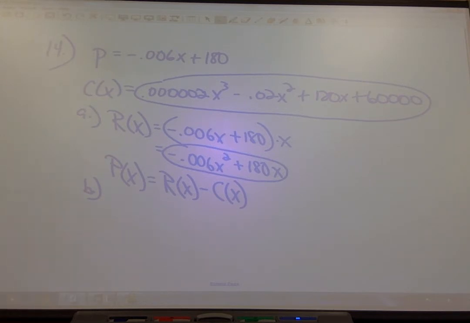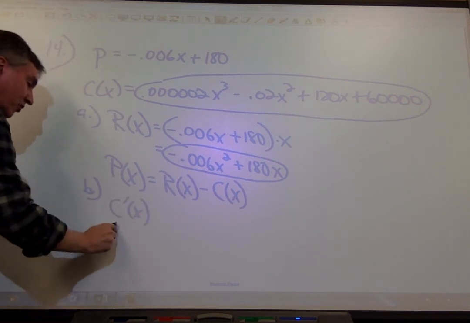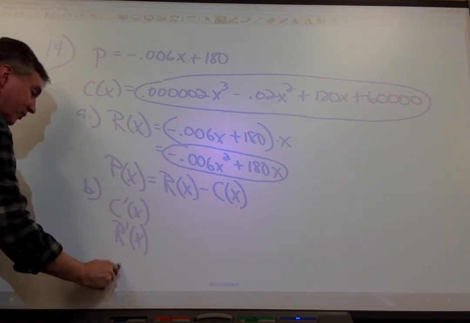And P prime of 2000, the profit from the 2001st. Very good. And that's all they ask you. They do say sketch the graphs. I probably would not ask you to sketch the graphs in here. I just need you to know what that means, right? What C prime, R prime, and P prime is.